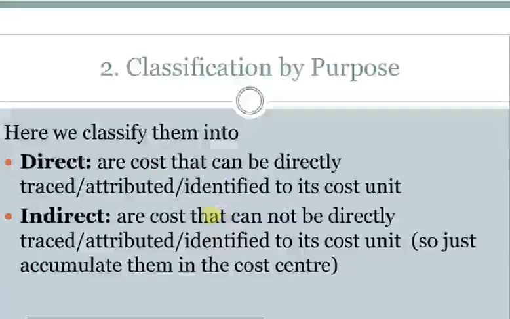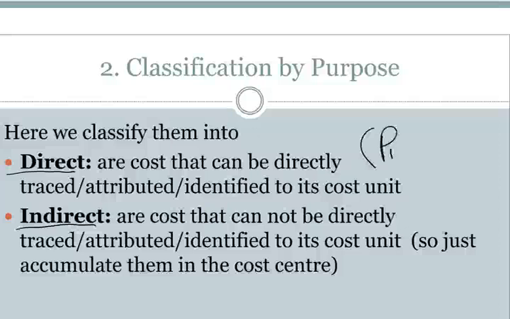So let us look at classification by purpose. When we look at classification by purpose, we can classify them: are they direct cost or indirect cost? Direct cost is also called prime cost, while indirect cost is called overheads.